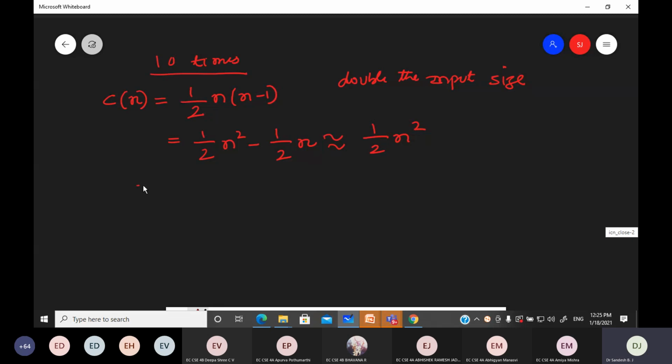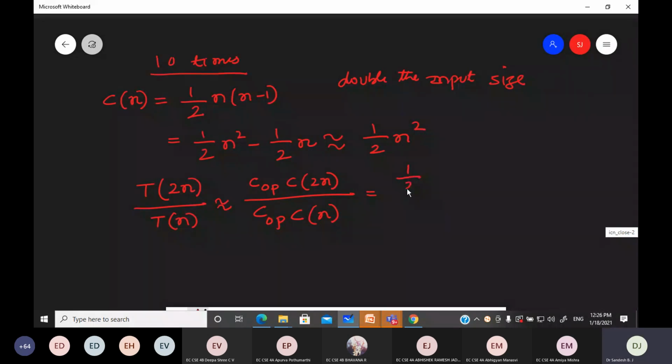So if we take the time for double the input divided by the time taken for the input of size n, this equation is c_op into C(2n) divided by c_op into C(n). For n, you replace double the size, so half into (2n) square divided by half n square.